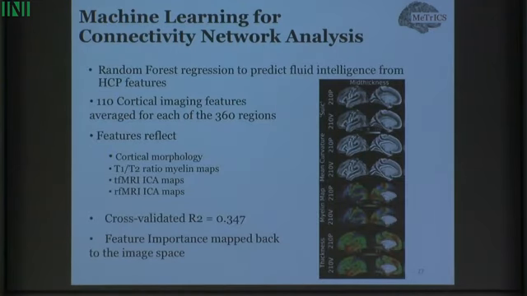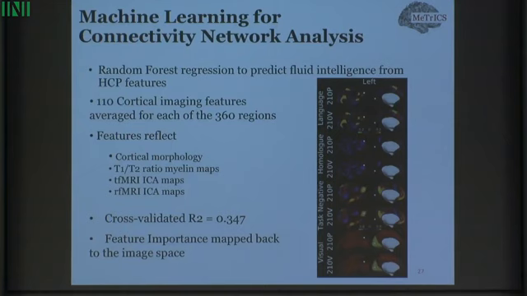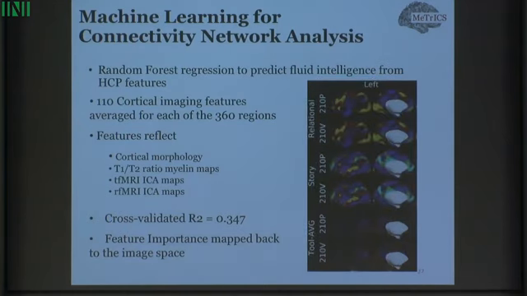I also performed some analysis on the HCP, the adult data. So here we use random forest regression to predict fluid intelligence from the HCP features. So we've got 110 cortical image features that we used for annotation. So they included brain morphology, cortical myelination, task fMRI, and rest fMRI.